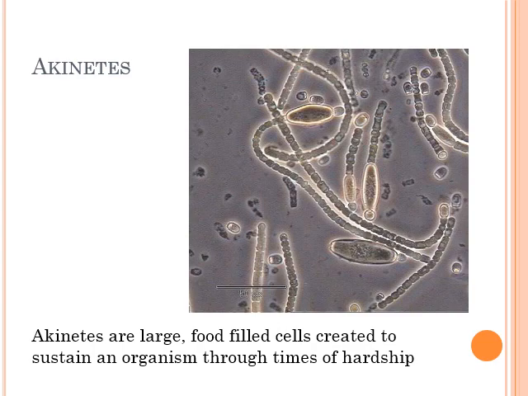In order to survive in times when resources are short, you might build an akinete. These are large food-filled cells. Literally, you'll have a group of cells, in this case streptobacillus cells. You'll notice there's a long chain of these rod-shaped cells.